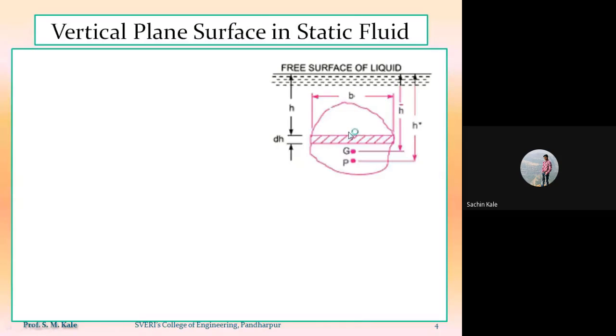And for that purpose, we have considered one small element, or one small area, which has height dh and width b, and which is kept at a distance h from the free surface of the liquid.